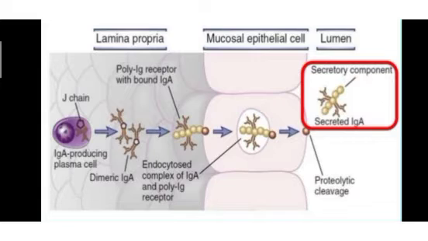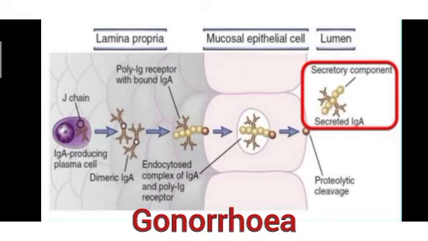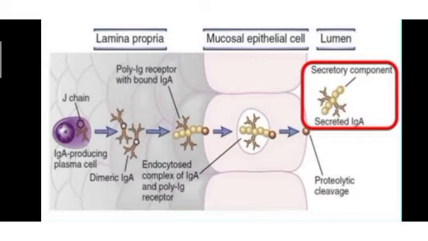The bacteria that cause gonorrhea produce an enzyme that cleaves the IgA antibody into Fc and Fab fragments. The Fab parts can still recognize the bacteria, but without the presence of the Fc fragment, attachment to phagocytic cells is not possible.